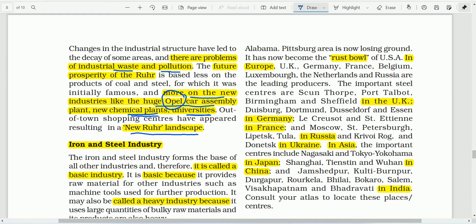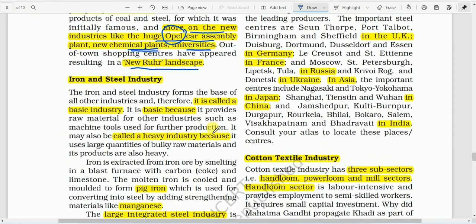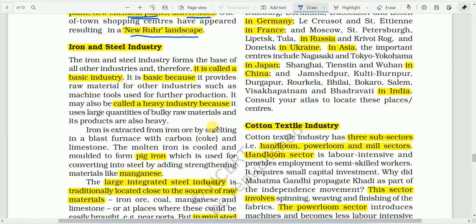That means the Ruhr region has been transformed from the traditional one to the high-tech one, with the Opel car assembly line, new universities, new chemical plants, and out-of-town shopping centers. So this is about the Ruhr industrial region in Germany.